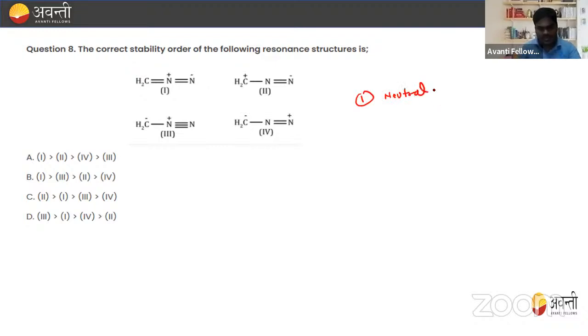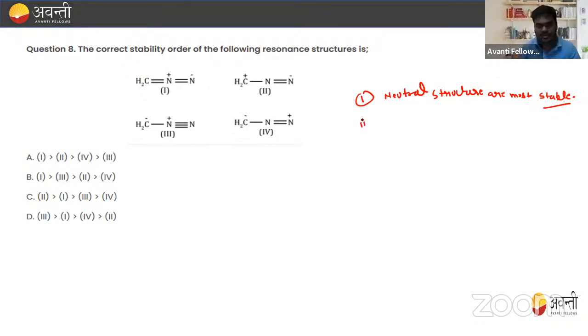Neutral structures are most stable. Always remember this point: the neutral structure is the most stable one.